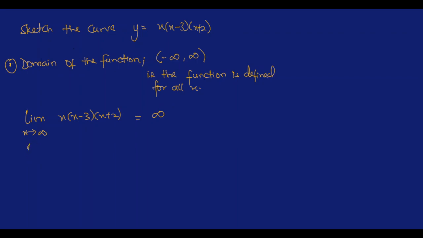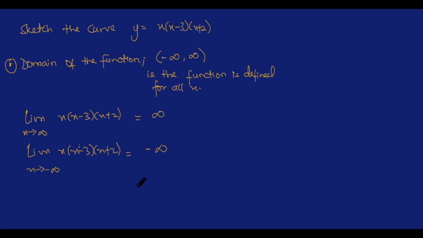And the limit of x multiplied by x minus 3 multiplied by x plus 2, as x tends towards negative infinity, is negative infinity multiplied by negative infinity multiplied by negative infinity, which is just a very large value, so that gives us negative infinity.